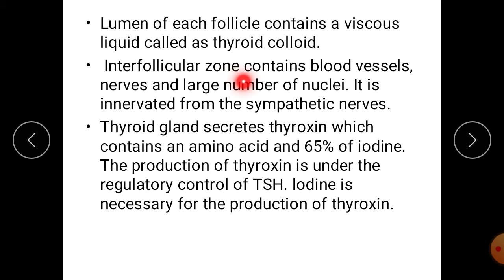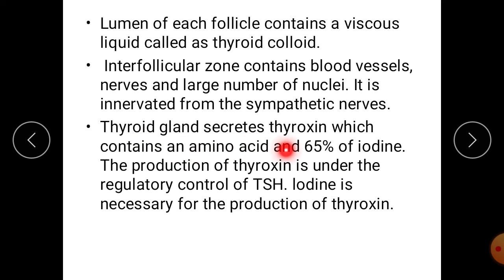Interfollicular zone contains blood vessels, nerves, and a large number of nuclei. It is innervated by sympathetic nerves. So the thyroid endocrine gland is controlled by the autonomic nervous system. In that, the sympathetic nervous system controls the activity of thyroid gland.